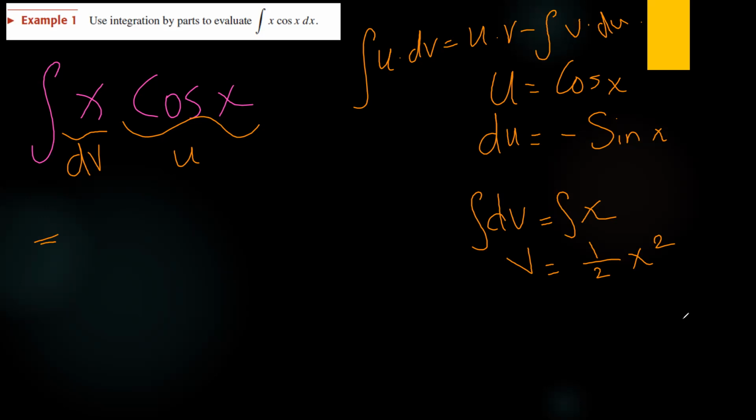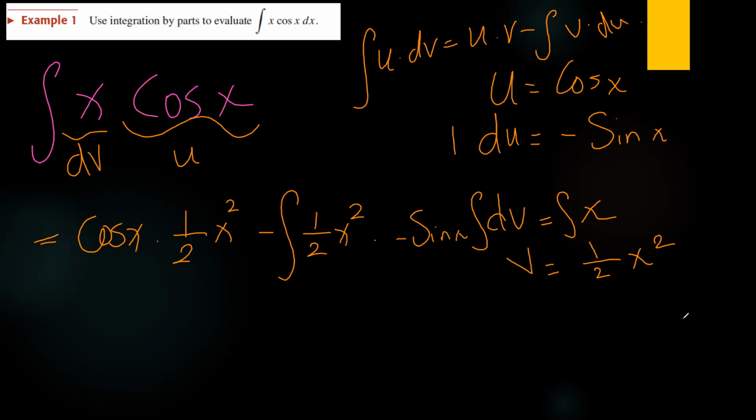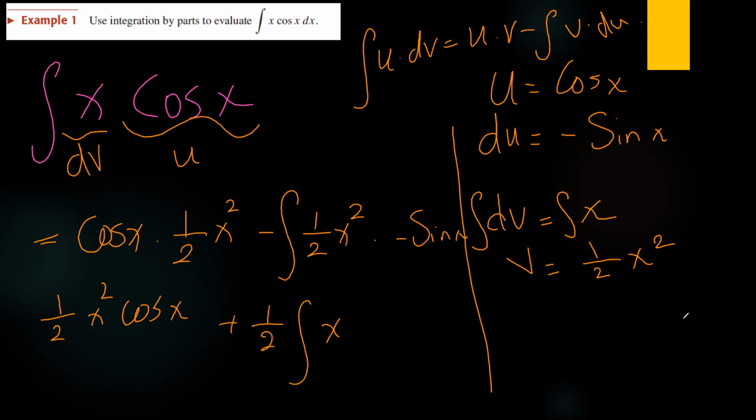So it will be u, which is cosine of x, times v, which is half x squared, minus the integration of half x squared times negative sine of x. So we have half x squared cosine x plus half the integration of x squared sine x.